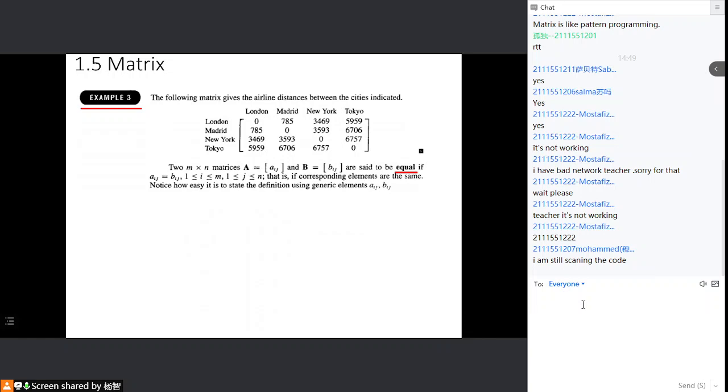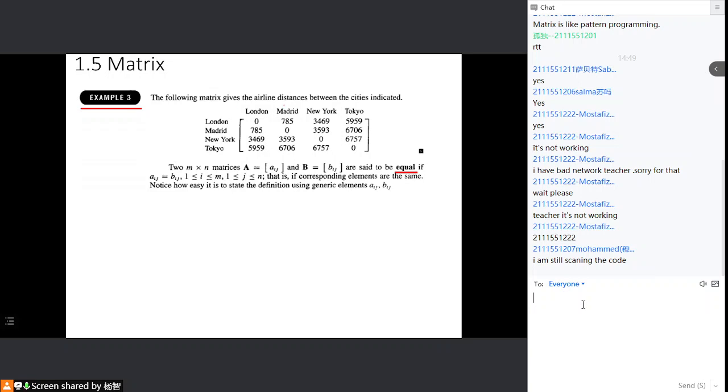Okay, the following matrix gives the straight-line distance between the cities indicated. It means we can use a matrix to represent the distance between any 2 cities.